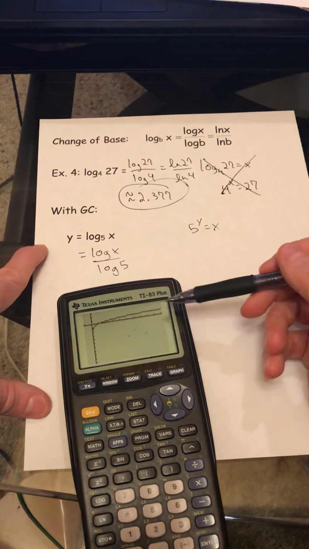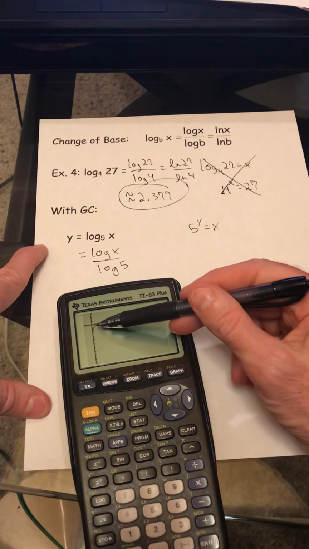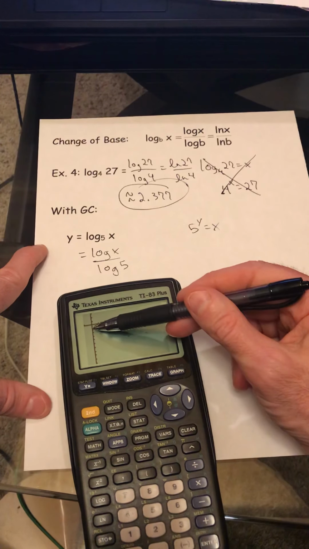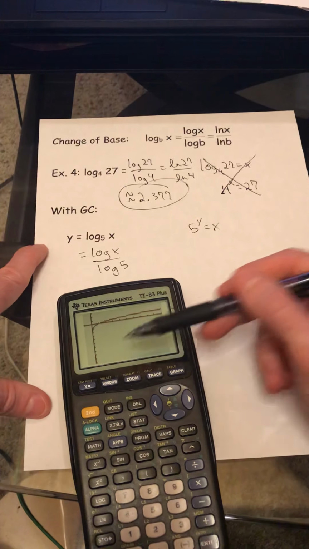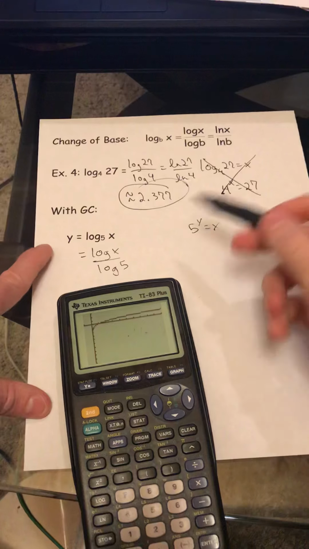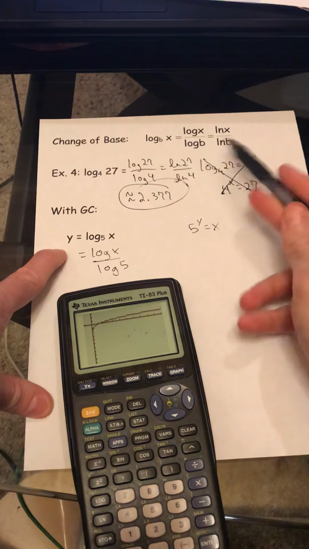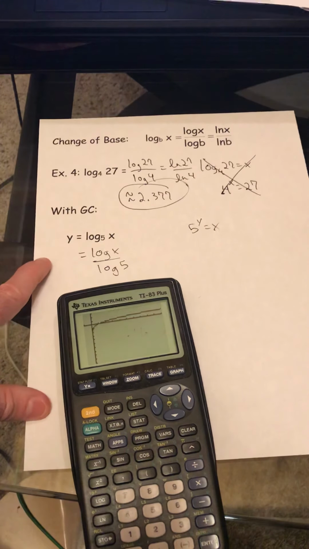The only thing is that it does look like it intersects with the axis. Some of the graphing calculators can't show that detail that it does continue down there. So that's one other possibility that change of base would offer for you.